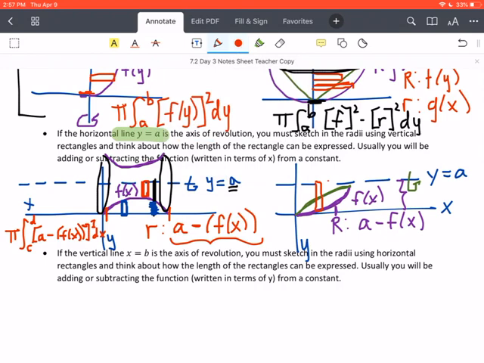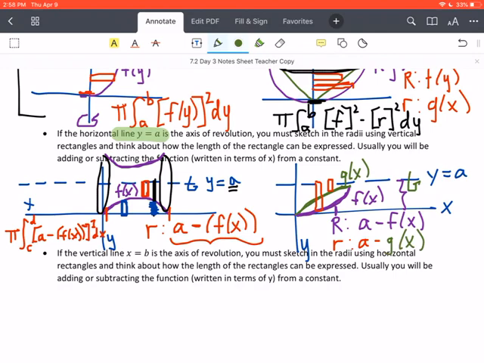I'm going to draw in my little rectangle here, that's little r, and think about I still want to take a, but I'm going to subtract my green function, which maybe we'll call g of x. Okay, and that is what I'm going to integrate.